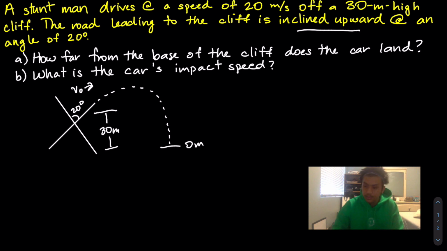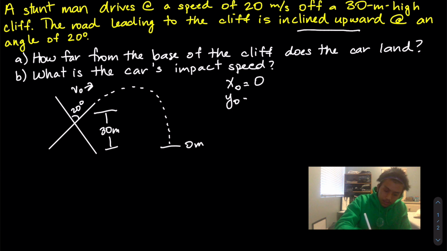And then now we can write our givens. So we know that our starting position at the x point is gonna be 0. Our initial starting point is gonna be at 30 meters high for the y component. And our x final is what we're looking for in the first part because it says how far from the base, so then put a question mark here.